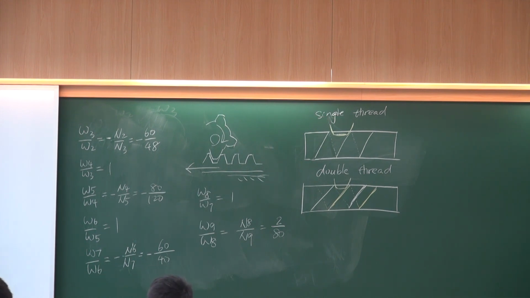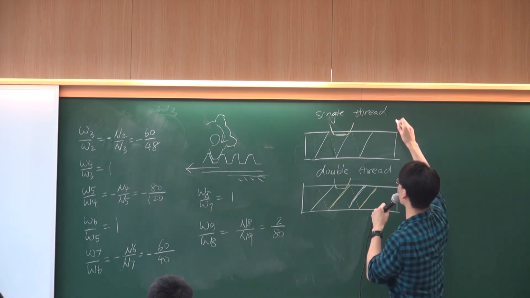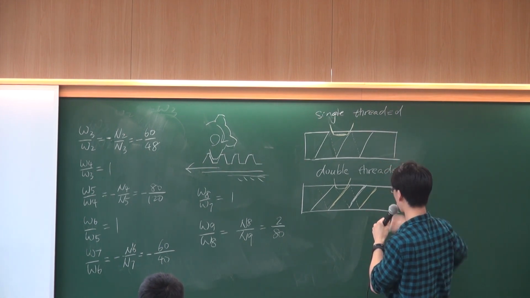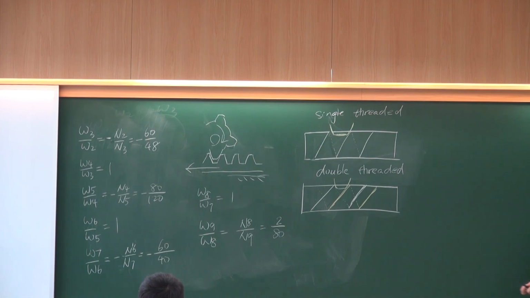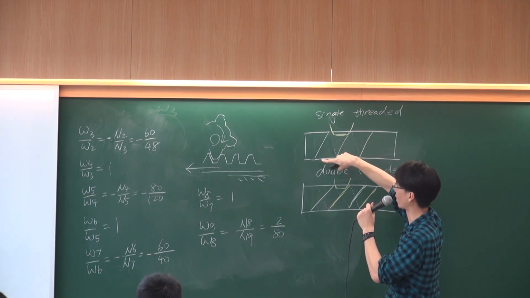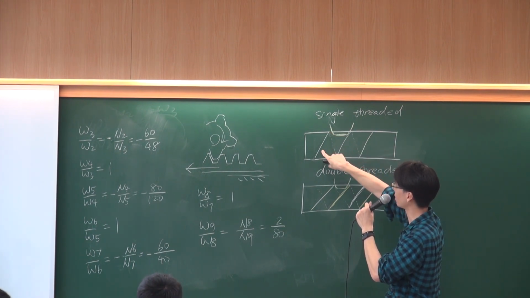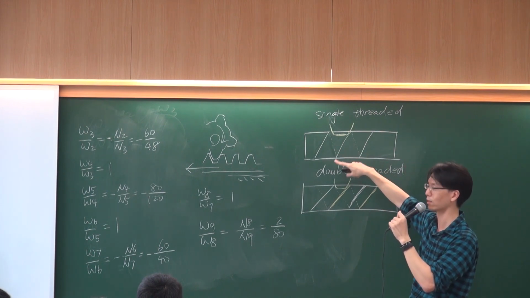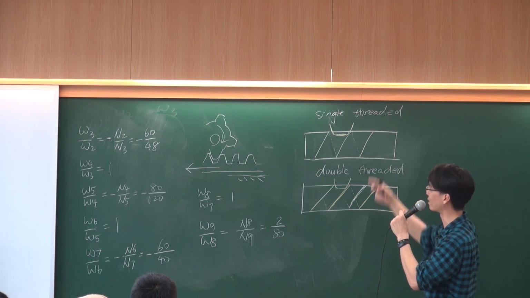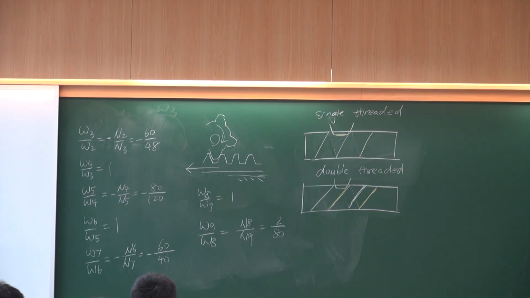In this example, it's double threaded. So what's the difference? If you follow this thread, and because at the back I couldn't see it, I draw a dashed line. Basically, this one and this one belong to the same thread, so we call this single thread.